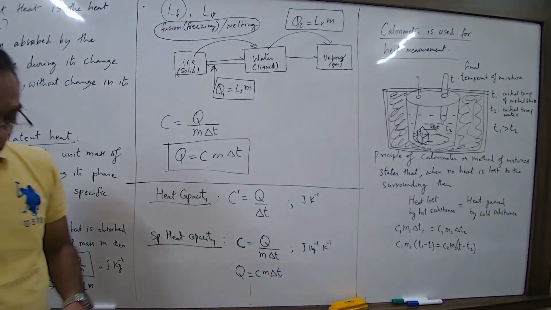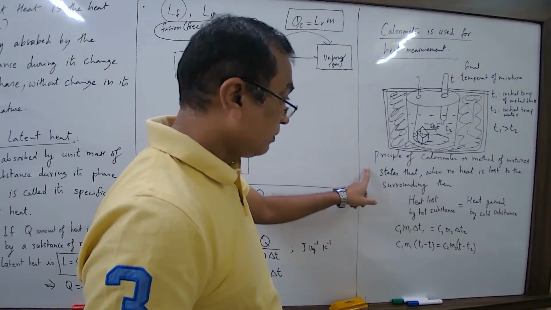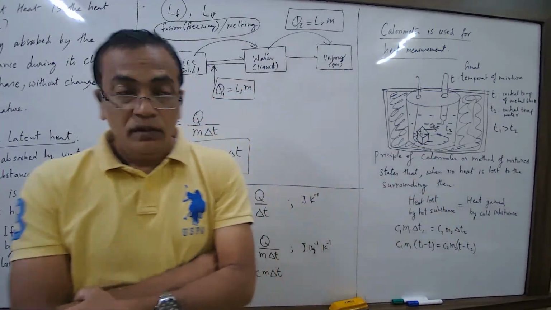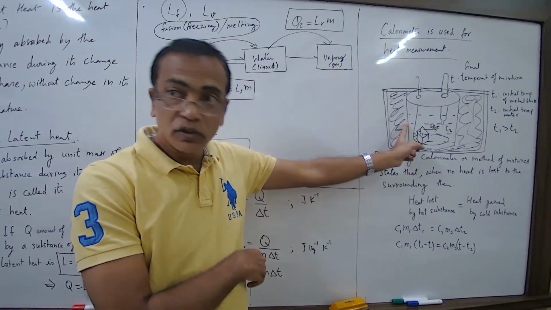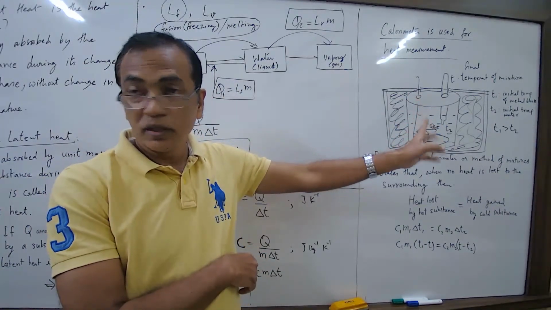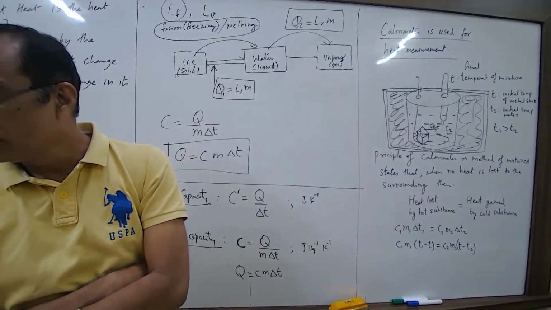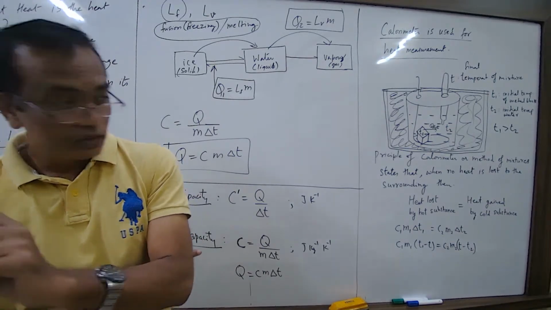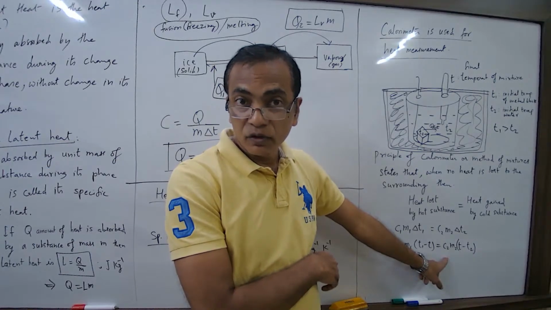Now in this, we assume that no heat is lost to the surrounding. Now the calorimeter vessel, the copper vessel, is also the surrounding, right? So here we have ignored whatever heat is absorbed by the copper vessel. If we take into consideration the heat absorbed by the copper vessel, then one more term will be added here for the copper vessel.